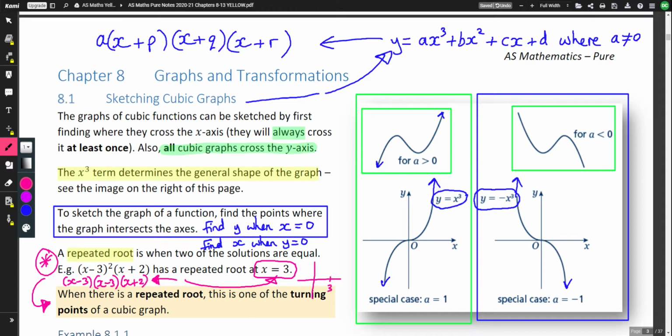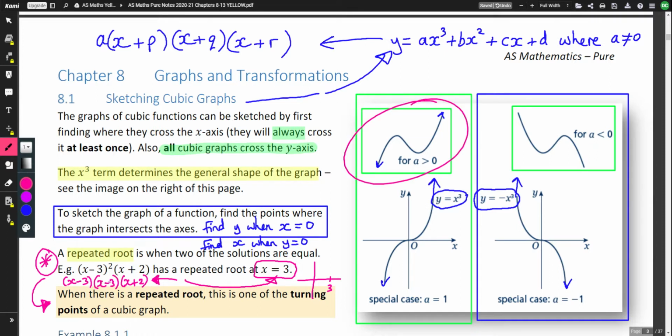So when x is 3, I know this graph will have a turning point on the x-axis. In fact, this particular graph, if we fully expanded it, we'd get a positive x cubed. So therefore, I know it's this shape.